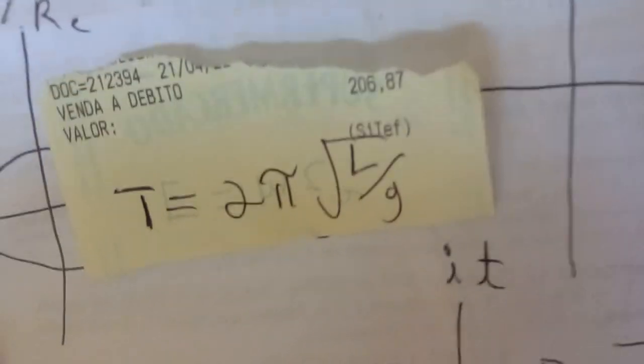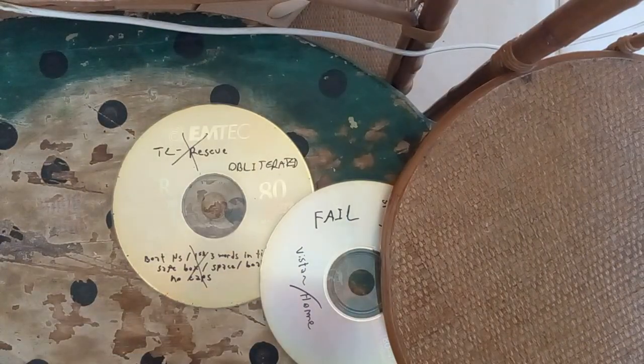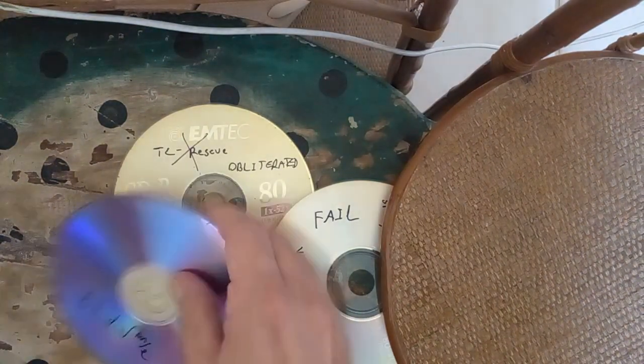This is the period of the pendulum right there. If you look at this equation for time, which we've already seen, it matches the period of a pendulum. But I haven't demonstrated this computationally, because we can demonstrate it graphically, right?